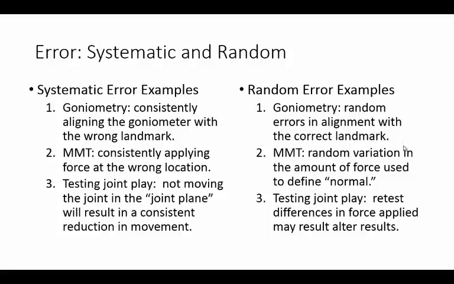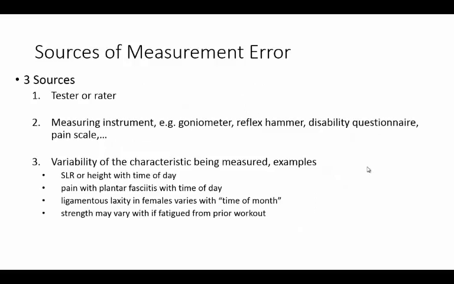For the joint play, again, the force applied, if I'm pushing on the joint, one time I'm pushing really hard and the other time I'm pushing really light, then I am creating a random error. So errors can be systematic or can be random, and both of them are errors in the measure.